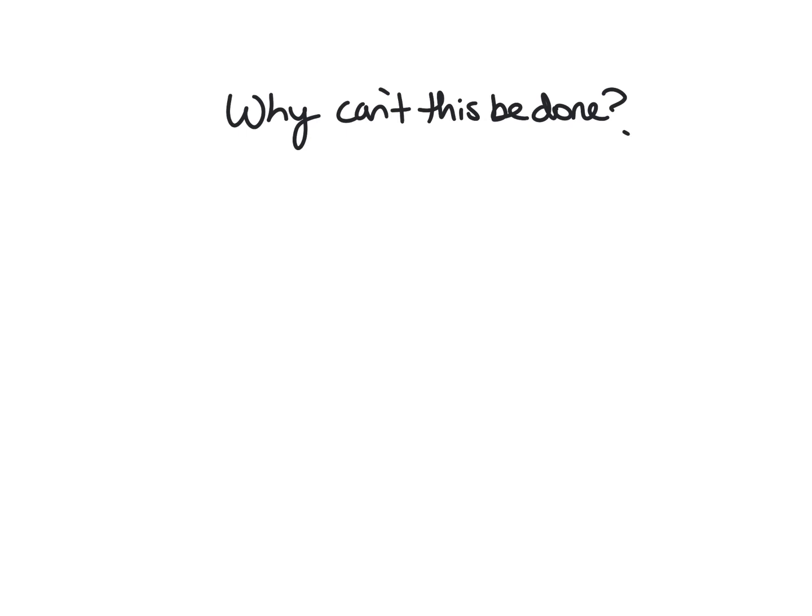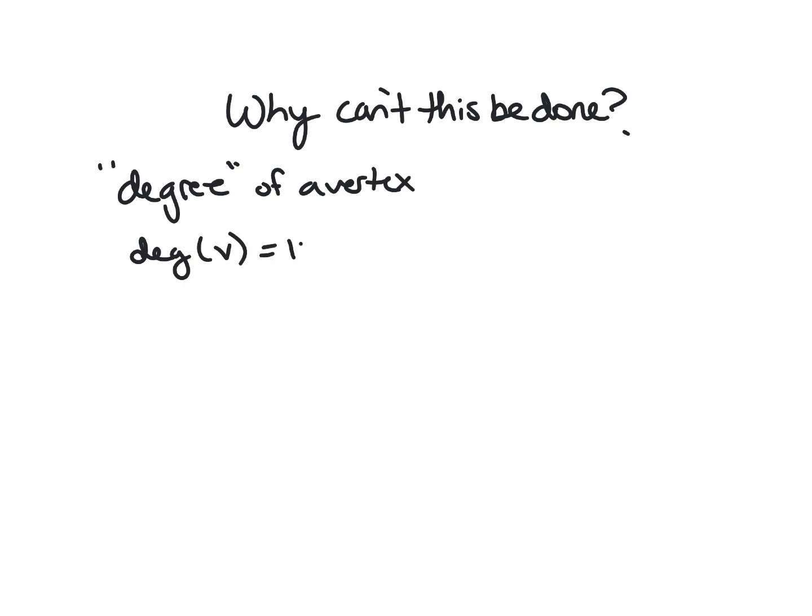It turns out it depends on what's called the degree of a vertex. If I have a vertex, call it V, then its degree is the number of edges adjacent to that vertex, okay?